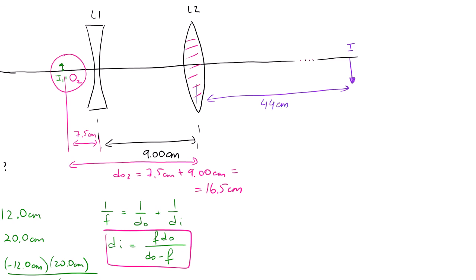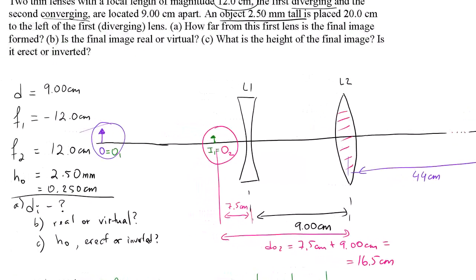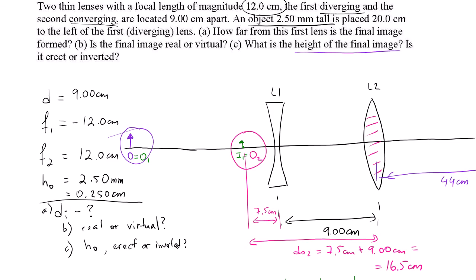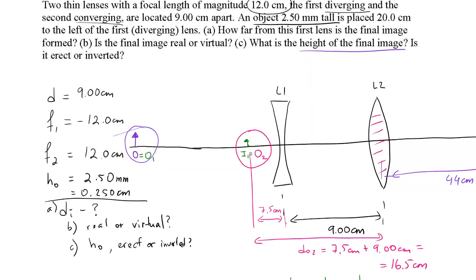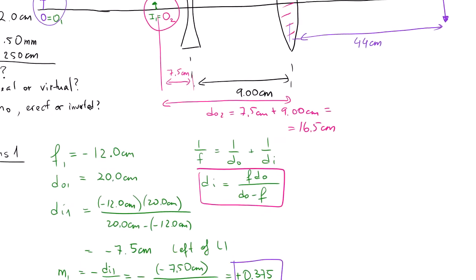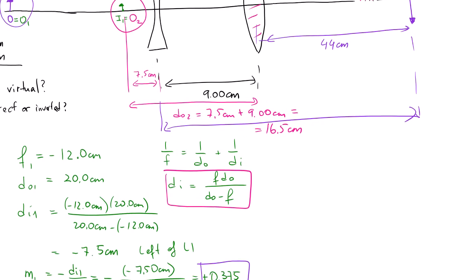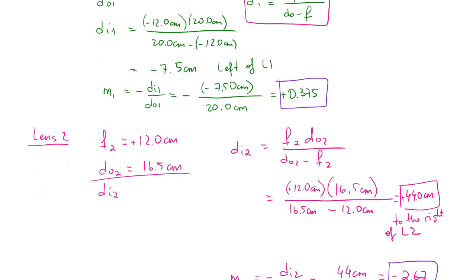centimeters. But let's recall what our problem is asking. What is the height of the final image we found? Part A: how far from this first lens is the final image, which means we need the distance from here all the way to the final image, which means 44 plus 9 centimeters.